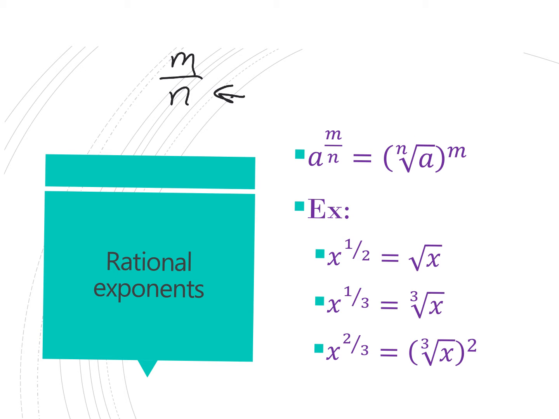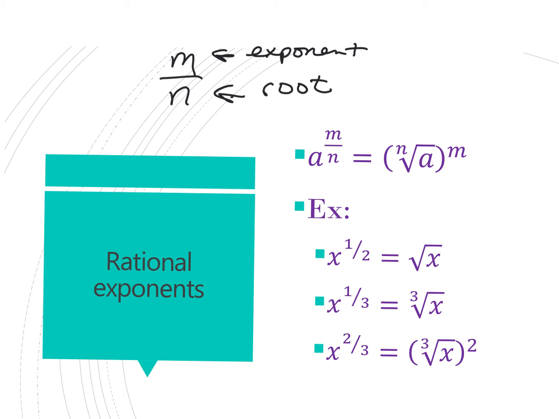The n is going to be like, think about a tree. It's the root of the tree, so that'll be the root you're taking, and then the top will be the exponent. So you're going to find the root and then the exponent.